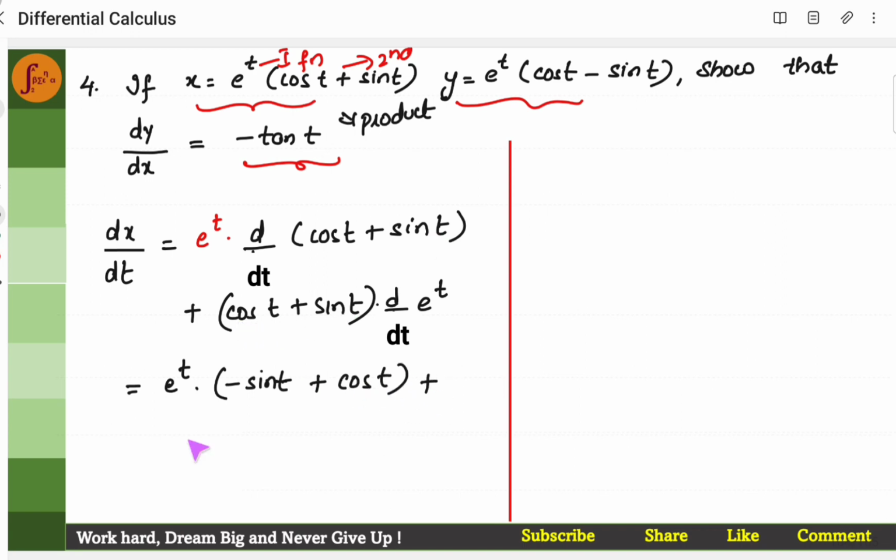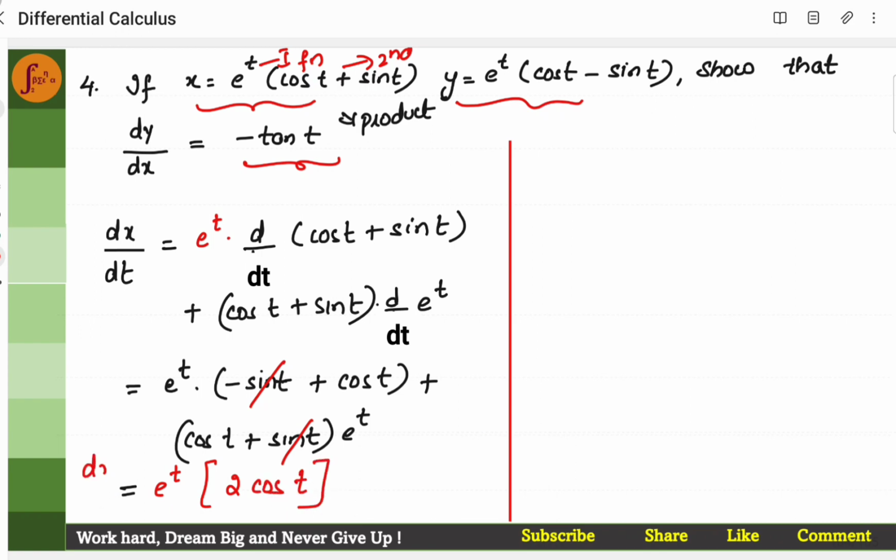Similarly, we'll copy this, cos t plus sin t, and the derivative of e to the power t is e to the power t itself, right? Actually e to the power t is common here. Sin t and sin t will get cancelled. So we'll get 2 cos t. This is dx by dt.